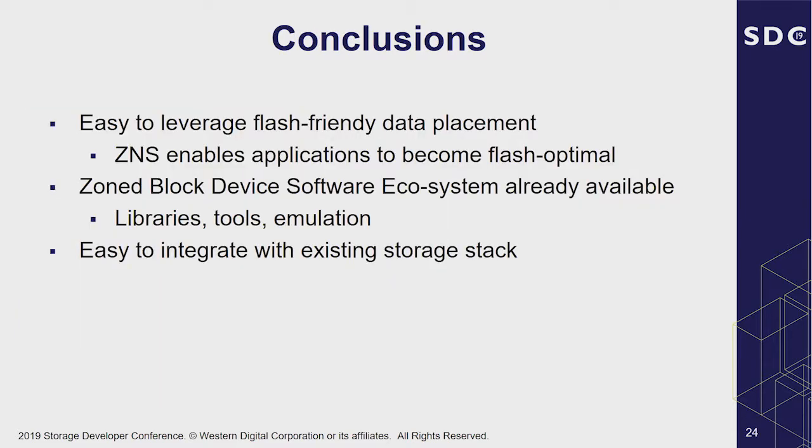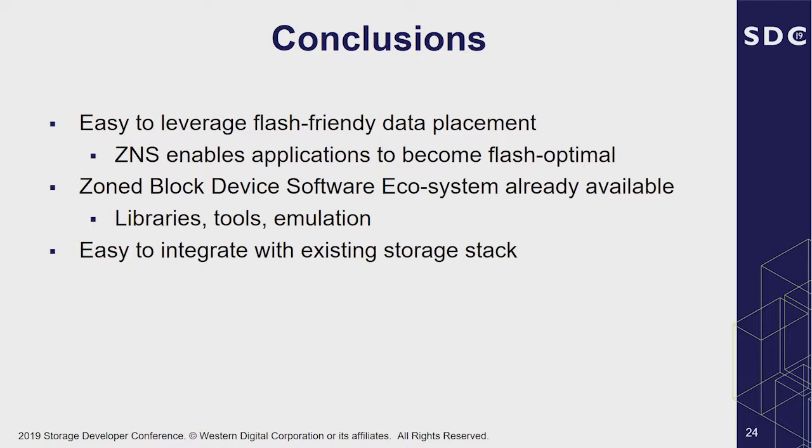Okay, so let me move on. What did we learn from this? Well, if you have something flash friendly already, it's easy to leverage that. With CNS, you can enable applications to go from flash friendly to flash optimal by making sure that you're perfectly aligned with the underlying media.